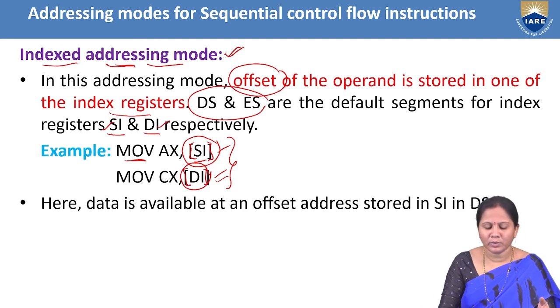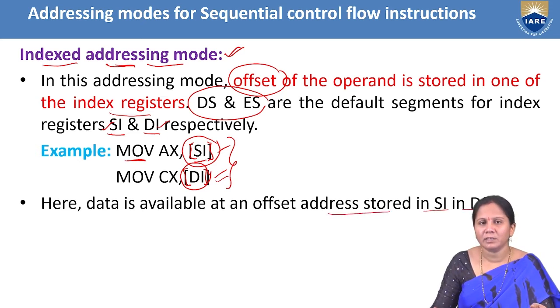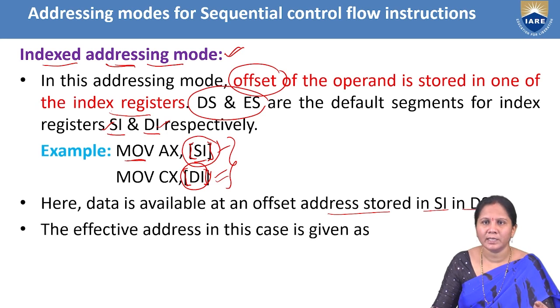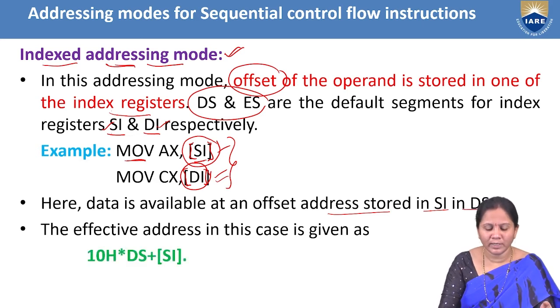Now, here the data is available at the offset address in SI, and the segment address you have to consider is DS. In these cases, we will see how to calculate the effective address, that is, the 20-bit physical address. As we know the formula, segment address into 10 plus offset address.